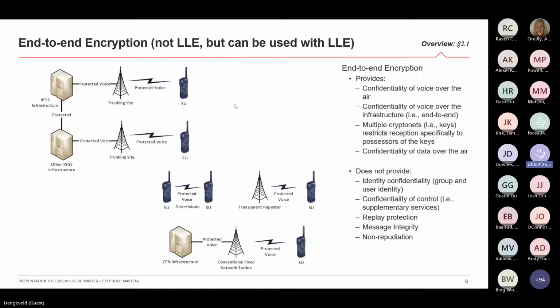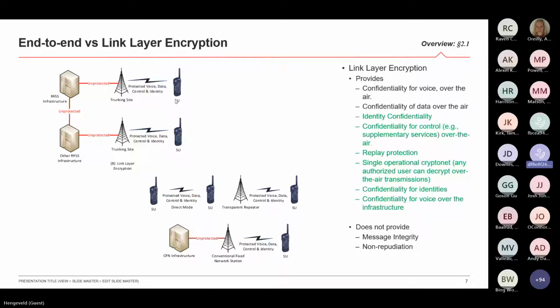Contrast that with link layer encryption. What link layer encryption is doing is protecting voice, control, data, everything between the radio and the site, between the radio and the conventional fixed station. So it's only over the air that it's providing security. Within the network, all that stuff is unprotected.